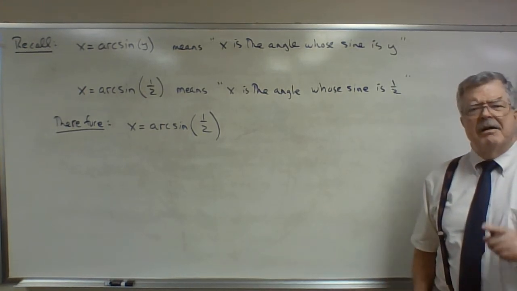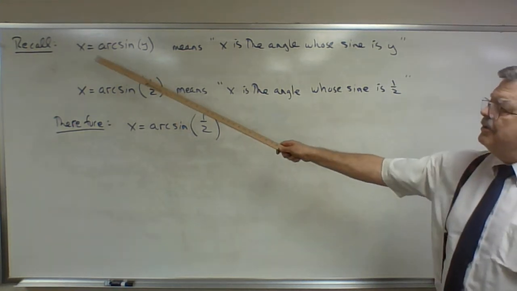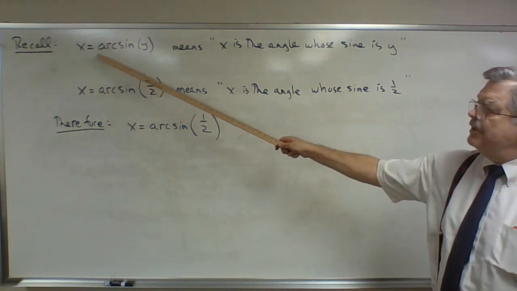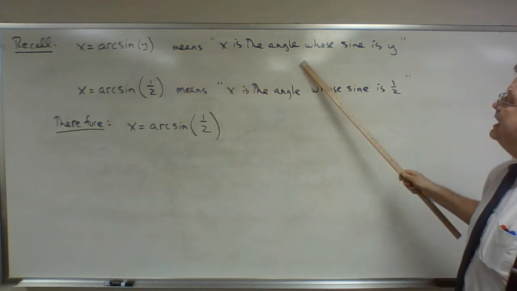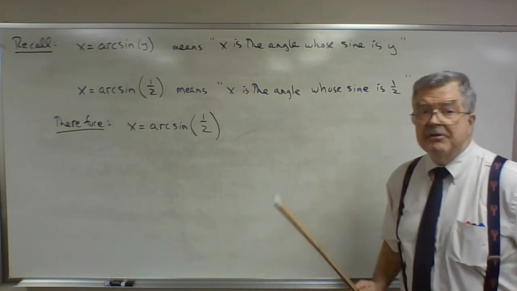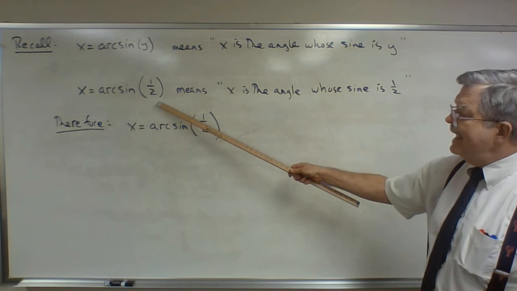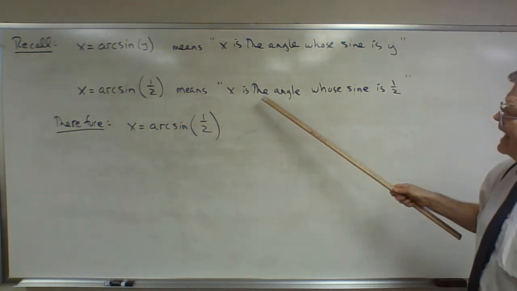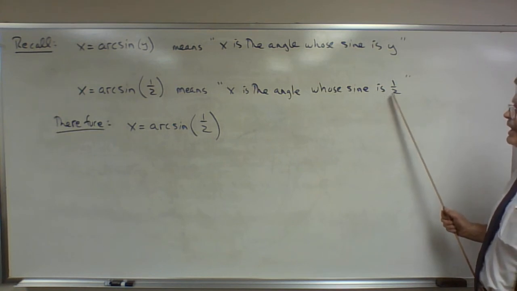Here's where the problem rears its ugly head. Remember that the statement x equals arc sine of y means x is the angle whose sine is y. So x equals arc sine of 1/2 means that x is the angle whose sine is 1/2.